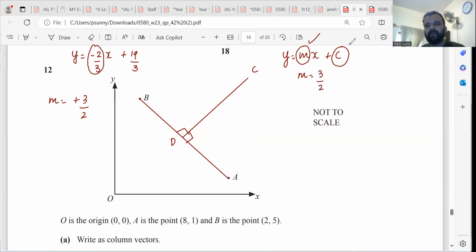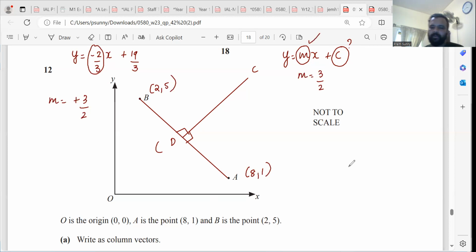Now our duty is to find the value of c. For that I need the midpoint, a point through which this line CD is passing. We know A is 8, 1 and the point B is 2, 5.